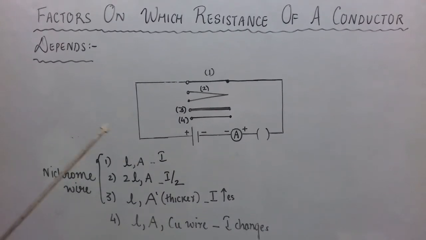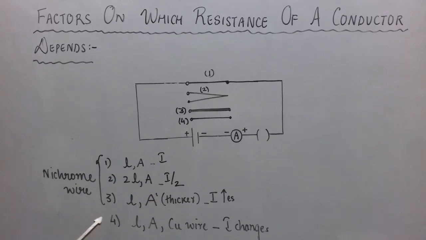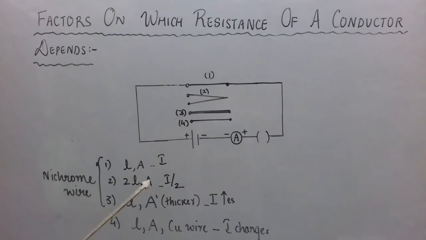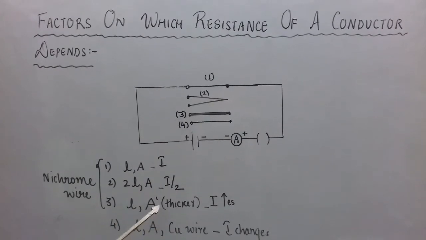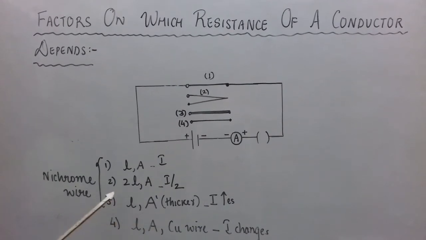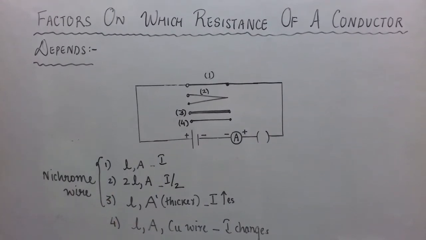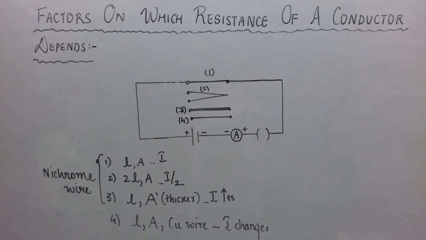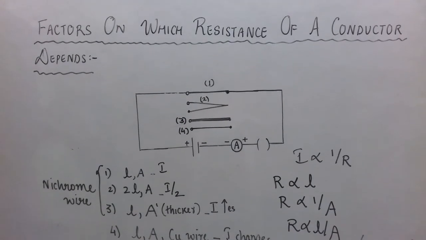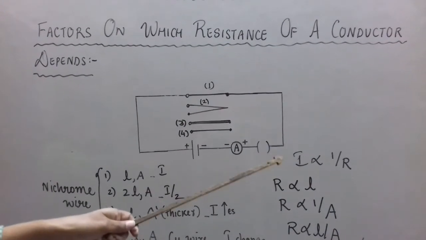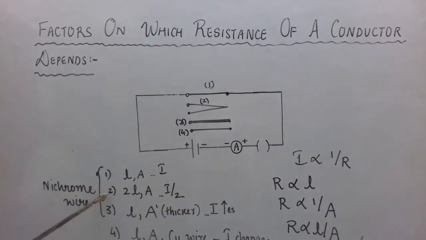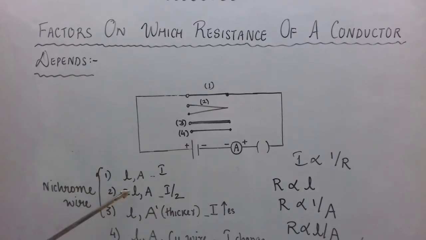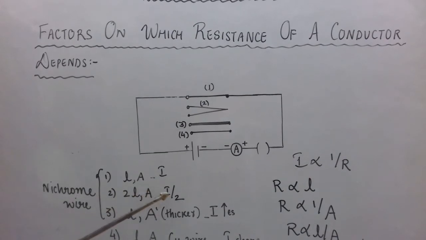We know that from this activity, as the current changes, we can conclude that resistance of a conductor depends upon its length, its thickness or cross-sectional area and its nature of material. Precise experiments and measurements were done, and afterwards it was concluded that, as current is inversely proportional to resistance, when the length increases, current becomes half.